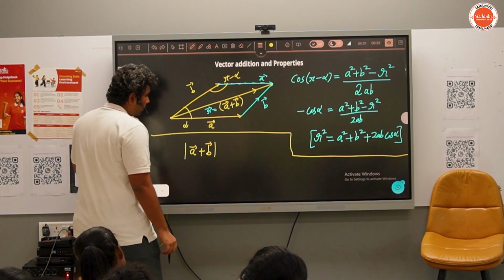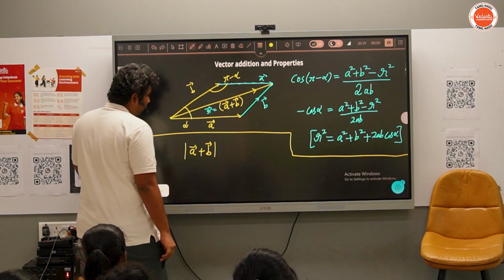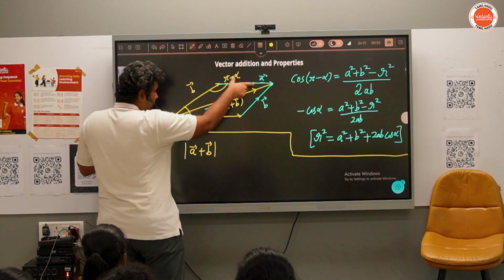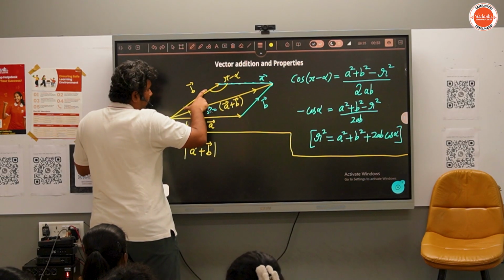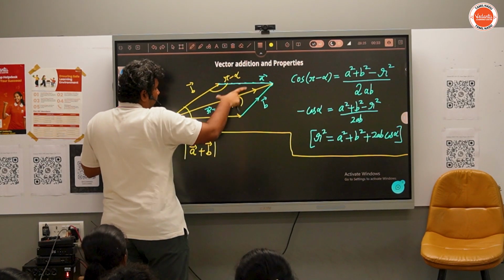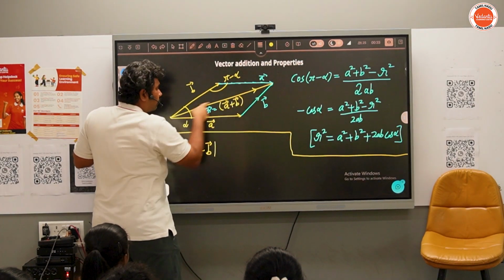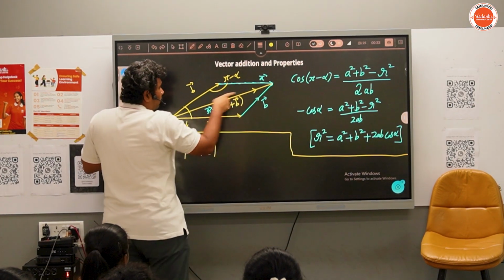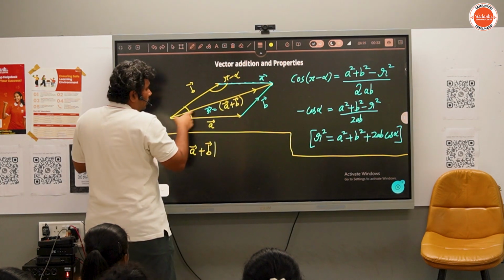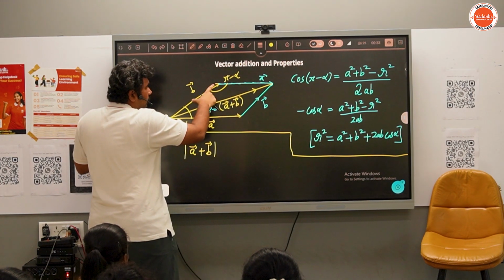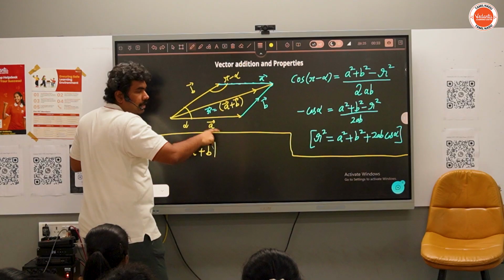In the diagram if you take the sum of a vector plus b vector, we get this. If you take the magnitude of this, whether it will be greater than the sum of these two or less than the sum of these two.